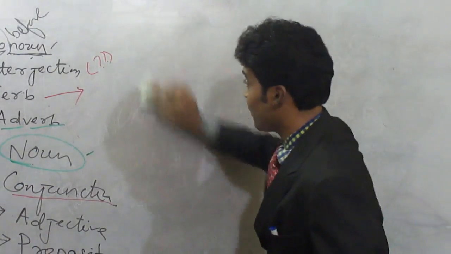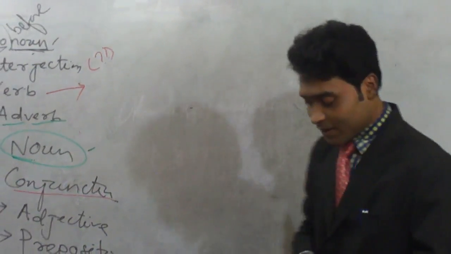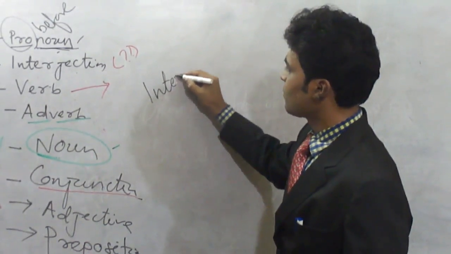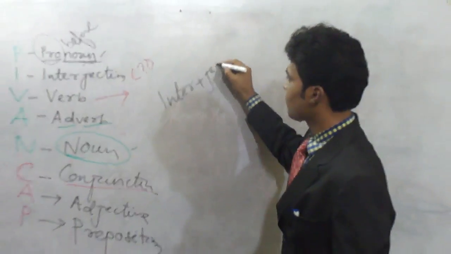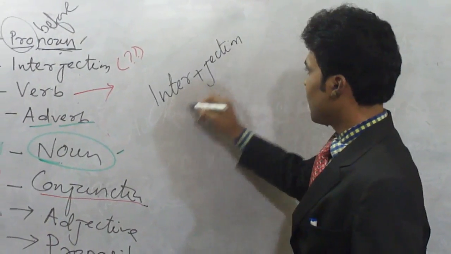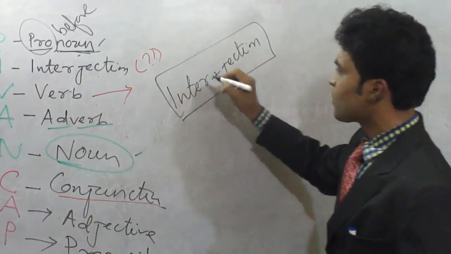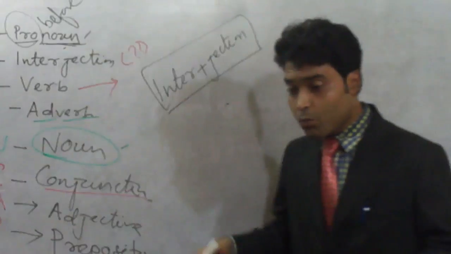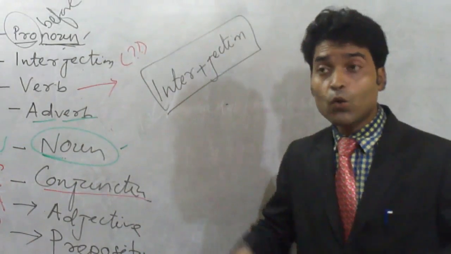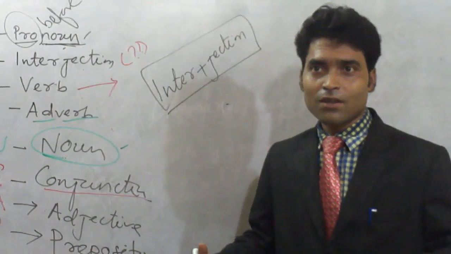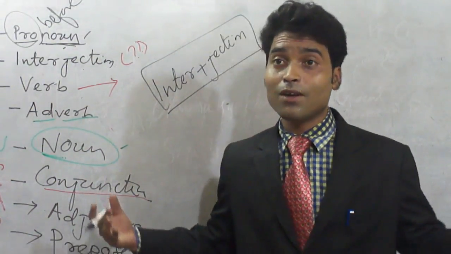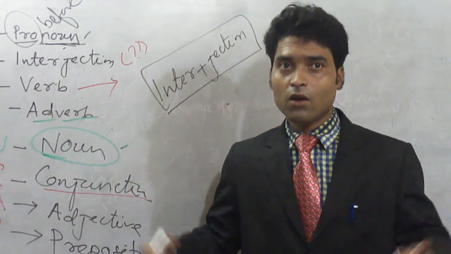Now the last point, that is interjection. What is interjection? Inter plus jection. If you analyze this word, you will find it is something which projects immediately. Hurrah, alas. Suppose the Australian cricket team won a cricket match: oh la, or hurrah.